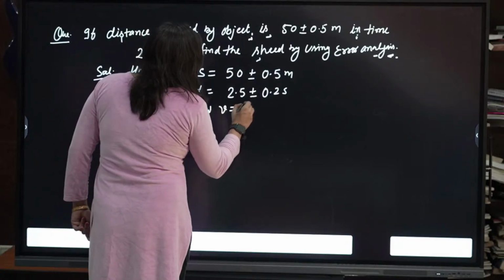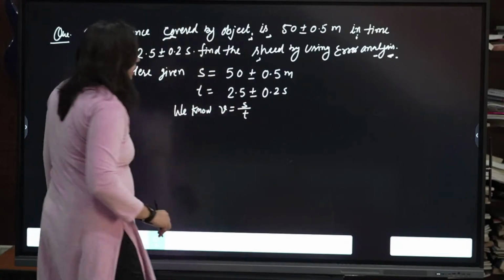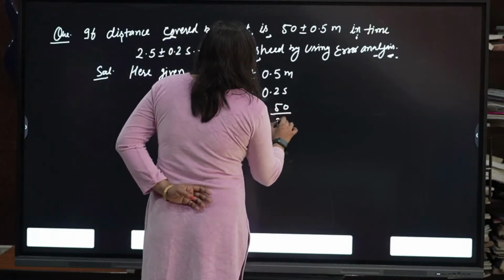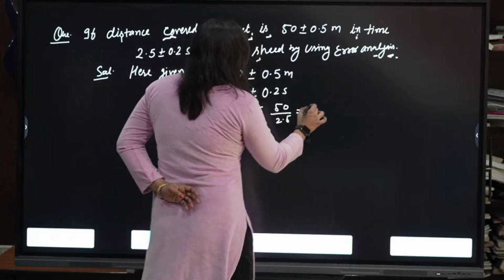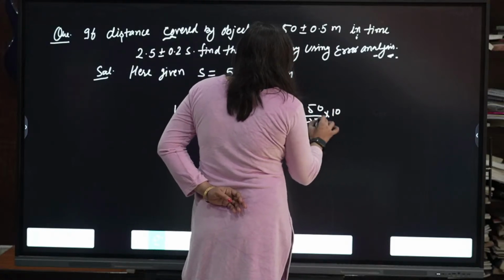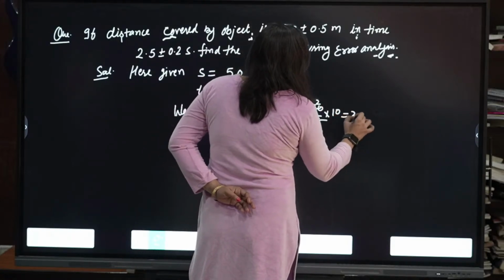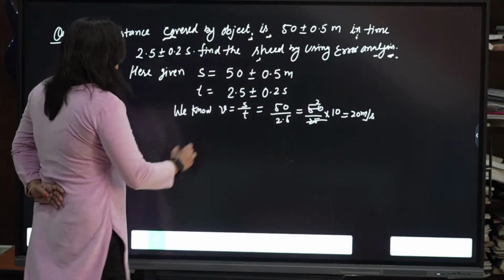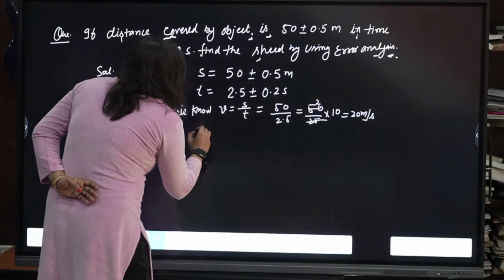And we know V is equal to S by T, and simply 50 by 2.5, 50 by 25 into 10, then 20 meter per second. And by using error analysis, how do you apply?